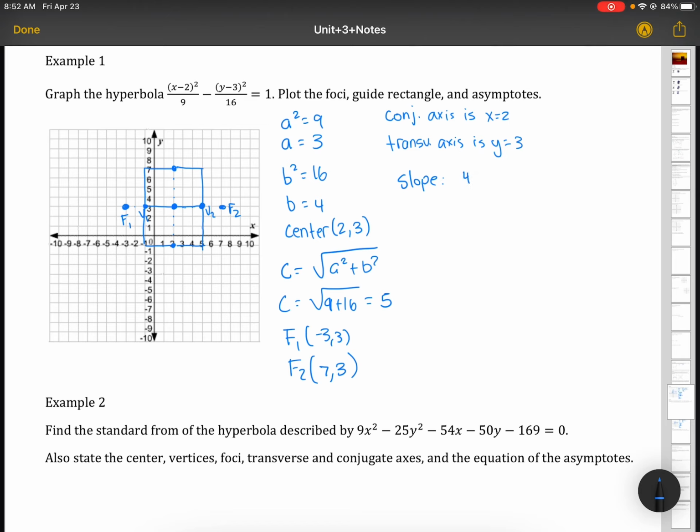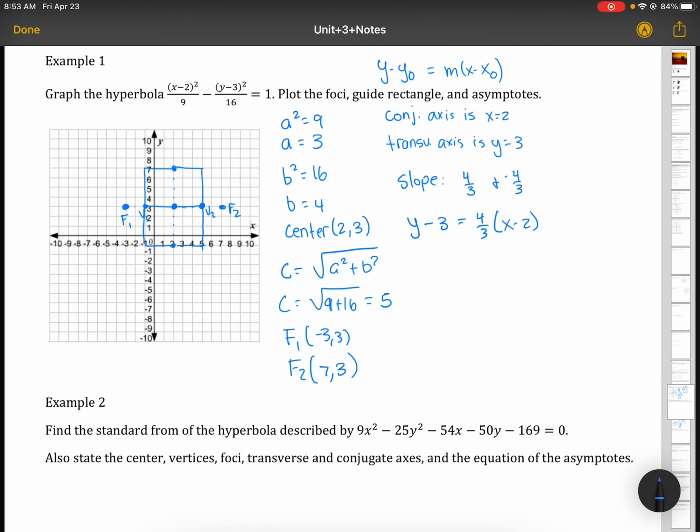So the slope is 4/3 for one and -4/3 for the other. So one equation is going to be, remember the point slope formula, y minus y0 equals m times x minus x0. So in this case, y0 and x0 are the coordinates of the center. So y minus 3 is going to equal 4/3 times x minus 2.